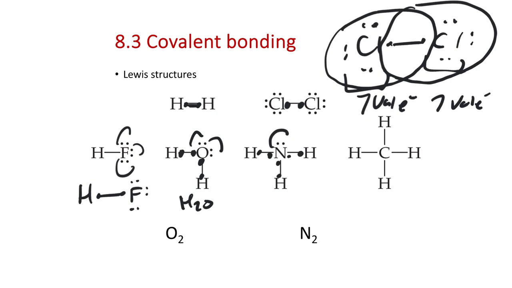One of the things that we started talking about is the concept of formal charge. Formal charge is the net charge an atom bears in a molecule if we assume that we can break these bonds in half.